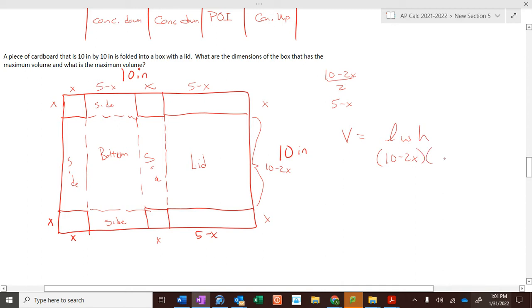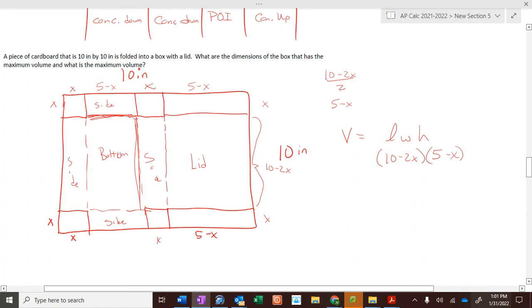What's the length of the other side of the base? If one side is this, what's this side? 5 minus x.